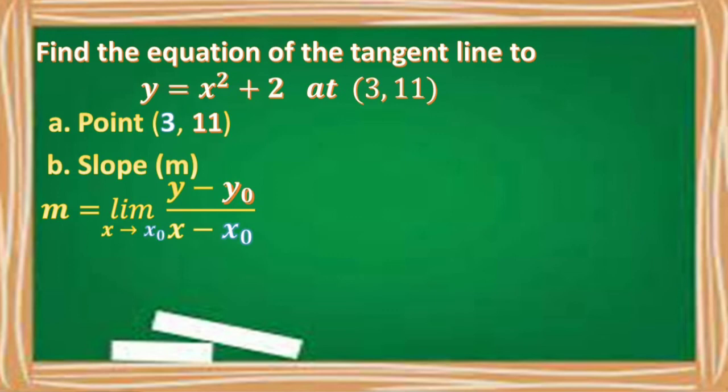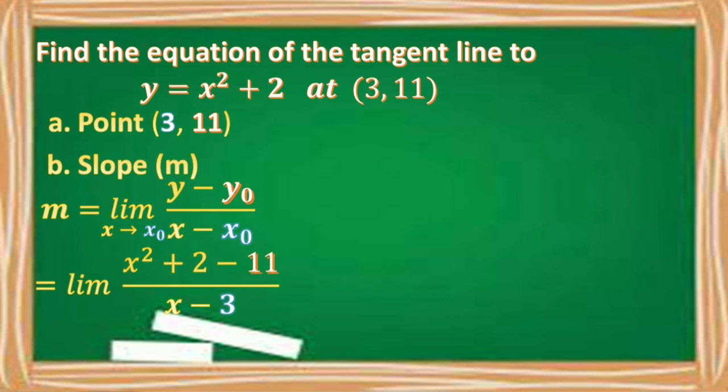So we just need to substitute the values of y, which is x squared plus 2, y sub 0, which is 11, and x sub 0, which is 3. So we have the limit of x squared plus 2 minus 11 over x minus 3 as x approaches 3.